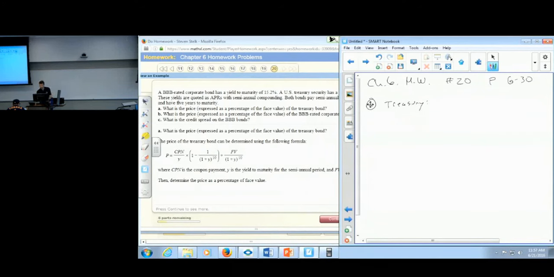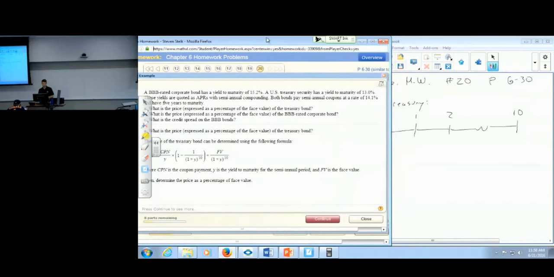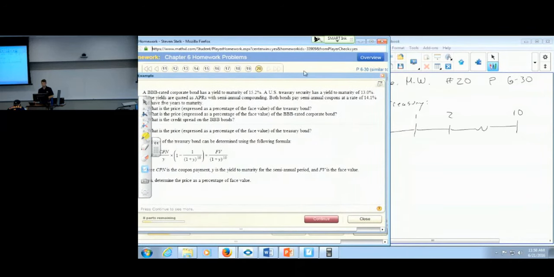Okay, so for the Treasury, let's map out the cash flows that we know. All right, this thing's got 5 years to maturity, but it's making payments semi-annually. So we've got 10 total periods we're looking at. Both bonds pay semi-annual coupons at a rate of 14.1%.